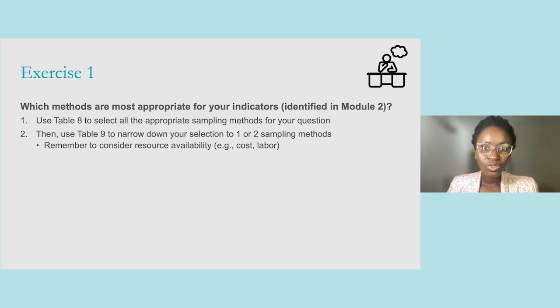Now let's move on to our first exercise in Module 3. You can work on this individually or as a small group. For this first exercise, you will need to have your priority question from the exercise in Module 1 and the minimum essential indicators from the exercise in Module 2. We ask you to identify which methods are most appropriate for your indicators.